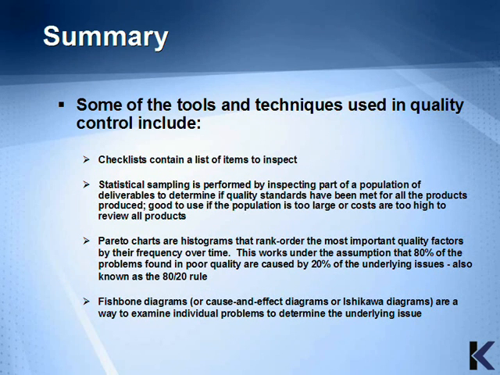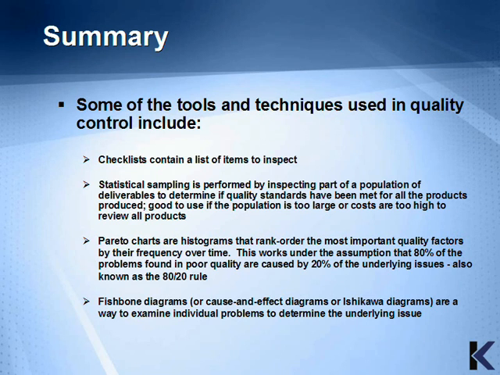Other tools and techniques include checklists, which contain a list of items to inspect, statistical sampling, which is performed by inspecting part of a population of deliverables to determine if quality standards have been met for all of the products produced. It's good to use if the population is too large or costs are too high to review all the products.